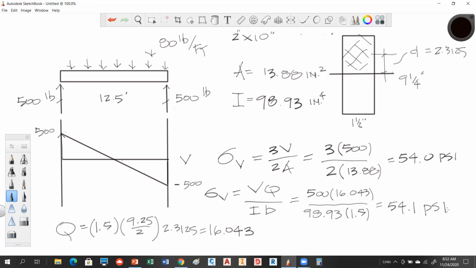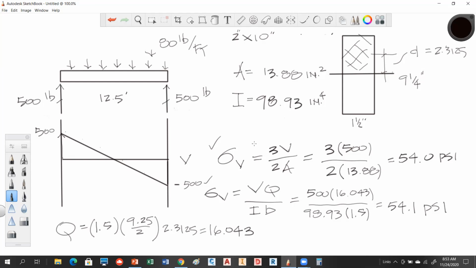Okay. Which would you rather use, Erwin? This equation or that equation? The 3V over 2A or the VQ over Ib?